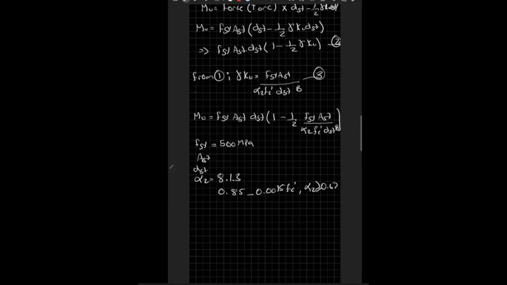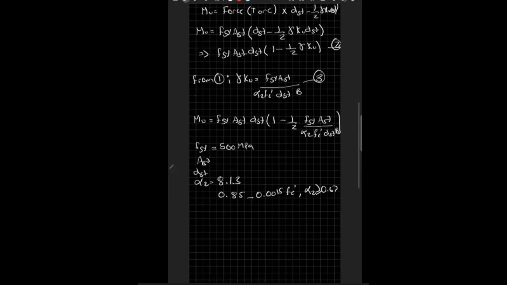Can't memorize that, but I have to go back to my textbooks. Okay, and this is from AS 3600 2018. So alpha 2 is dependent on Fc dash.